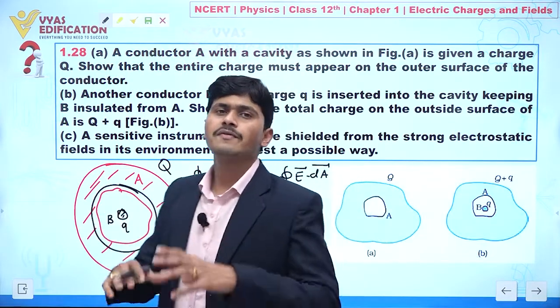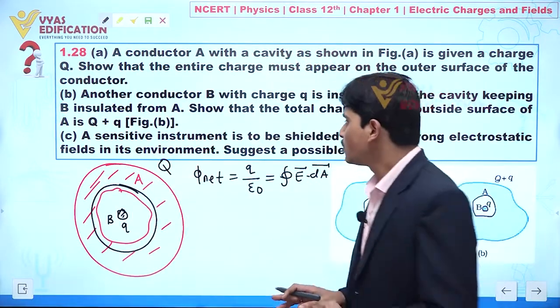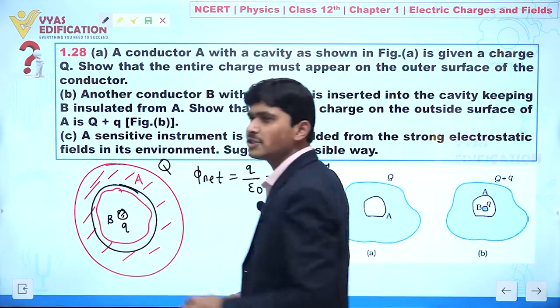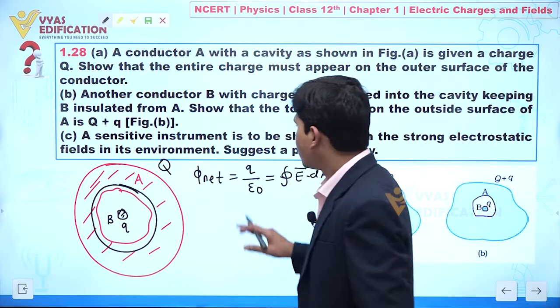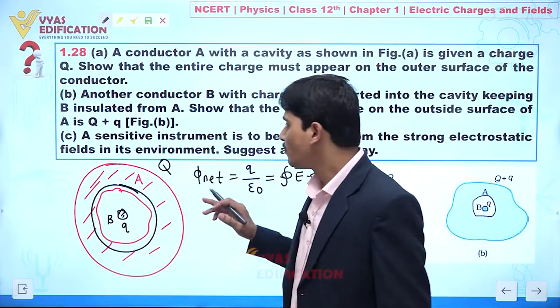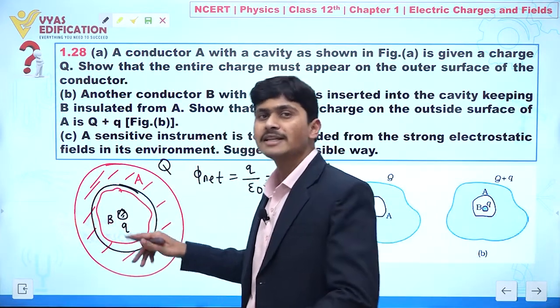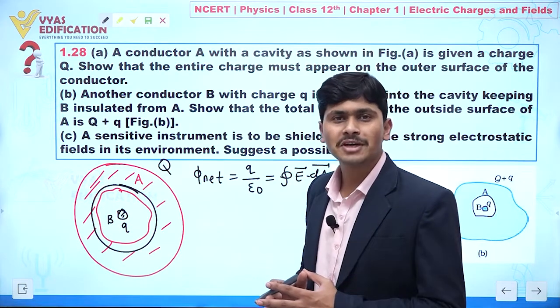Yes or no? Whenever we find a cavity inside a conductor, the net electric field is 0. Clear? Since charge q is already present, if we want the electric field to be 0, we have to introduce a charge minus q here, so that the net charge inside becomes 0.